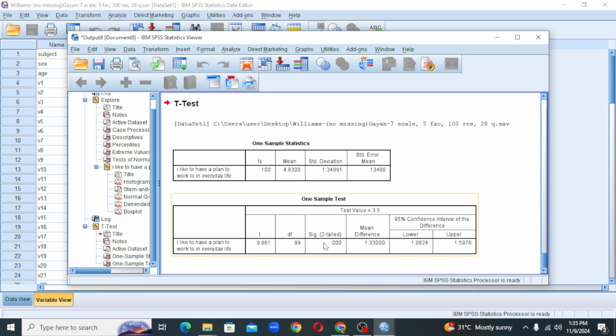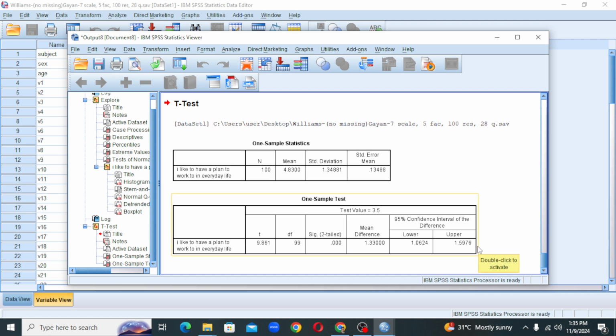However, as the mean is 4.8, we can assume the average is above 3.5, as witnessed by the lower and upper bounds of the difference here, which are all on the positive side.